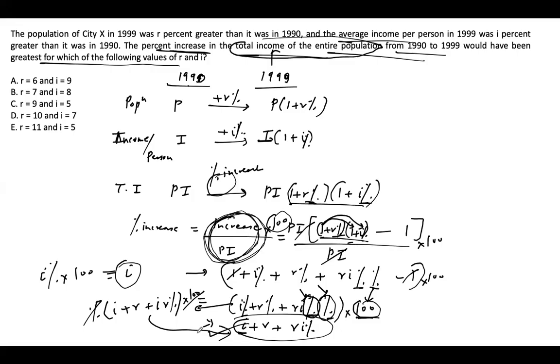Okay. Now, if you check, I plus R would be 15, 15, 14. This is rejected. 17. So these two will get rejected, and this is 16. This will give me the maximum value.